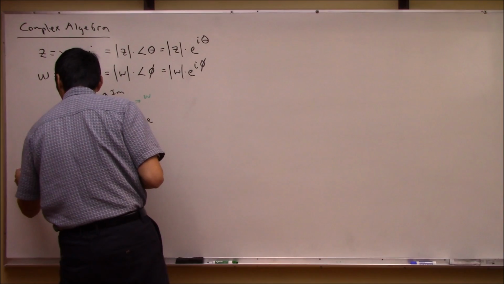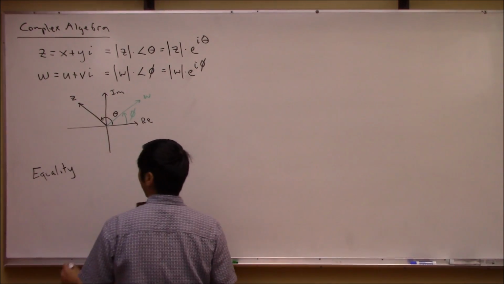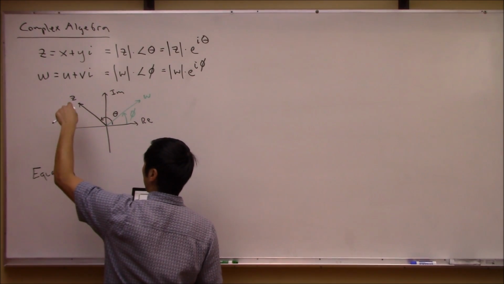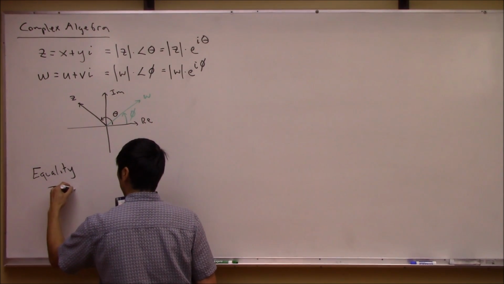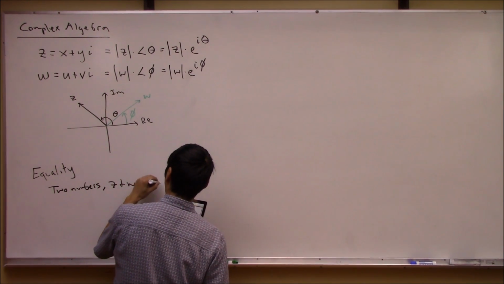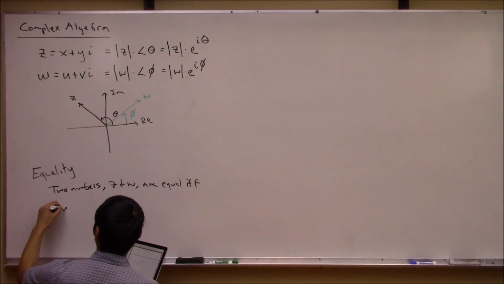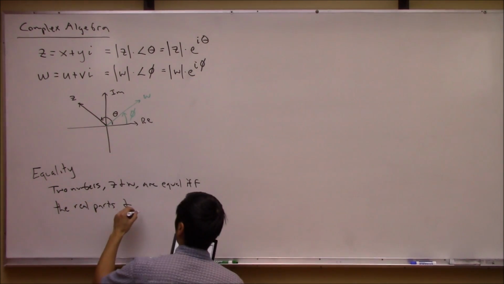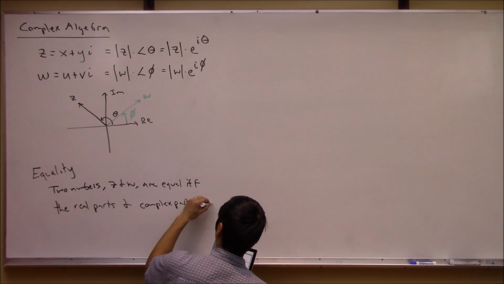So to start things off easily, let's just talk about equality. Equality is pretty easy. Two complex numbers are equal if and only if their real parts are equal and their imaginary parts are equal. So let's just write that down. Two numbers, in this case z and w, are equal if and only if the real parts and complex parts are equal.